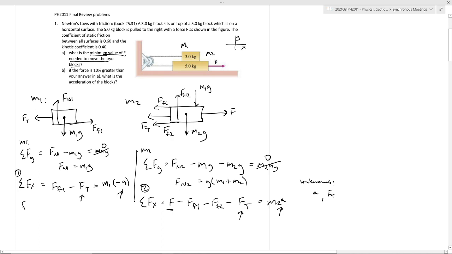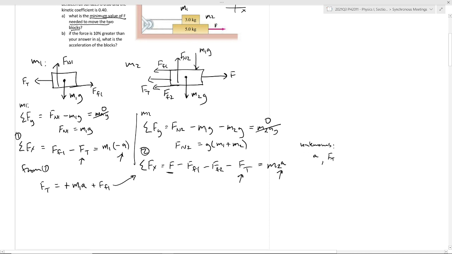So from 1, we can see that the tension is equal to positive m1a plus f1. And then we can substitute that into this expression, into 2.